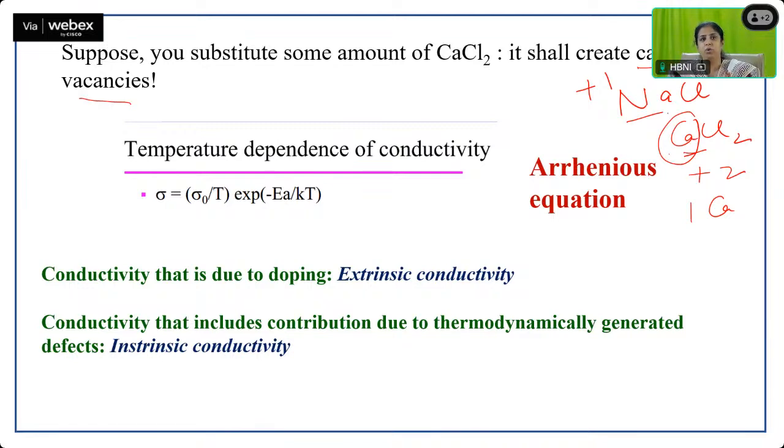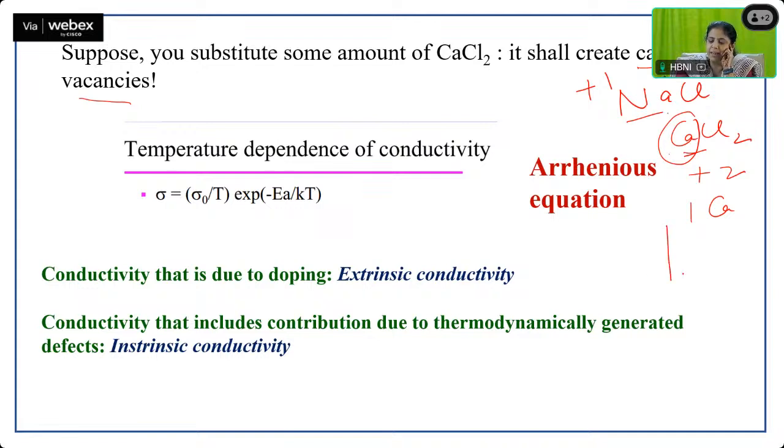Now I have two types of vacancies that can be created in sodium chloride: by an extrinsic factor, which I am doing by substituting calcium, and by an intrinsic factor, which is controlled by thermodynamic reasons. Also remember, I told you yesterday, Schottky defect, Frenkel defect, vacancies, interstitial.